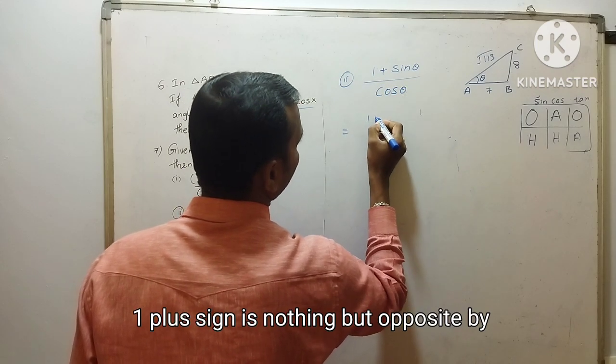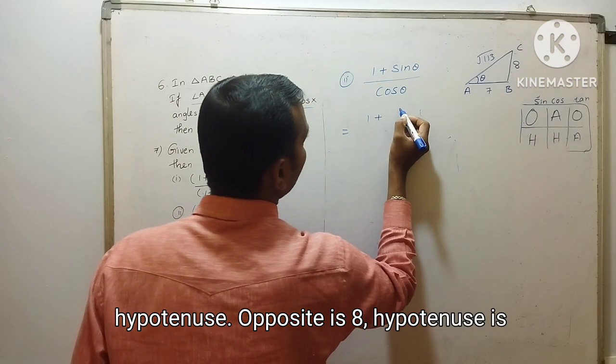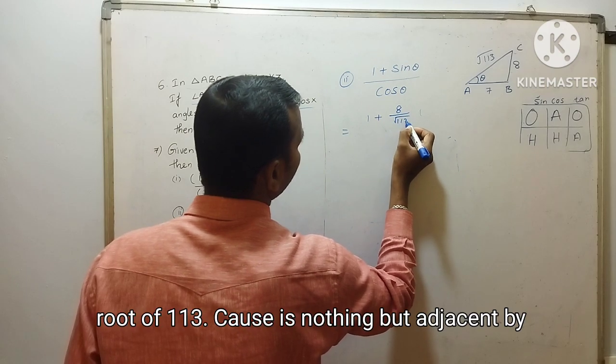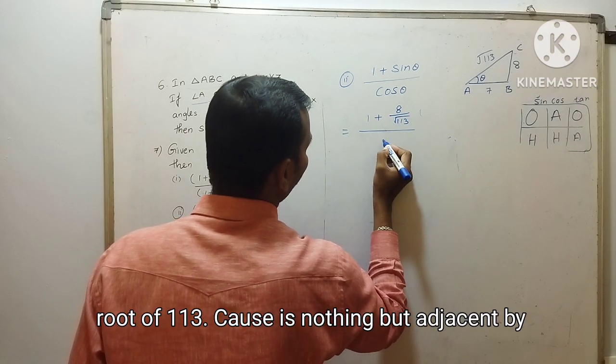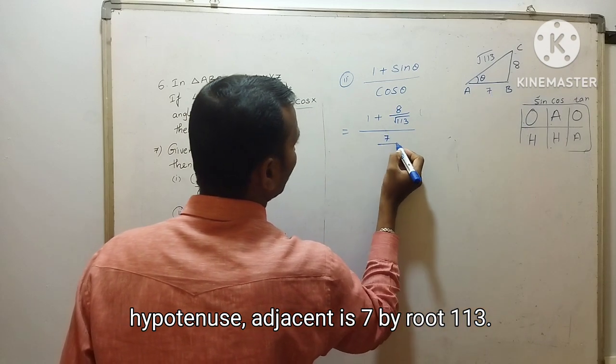Sine is nothing but opposite by hypotenuse. Opposite is 8. Hypotenuse is under root of 113. Cos is nothing but adjacent by hypotenuse. Adjacent is 7 by root 113.